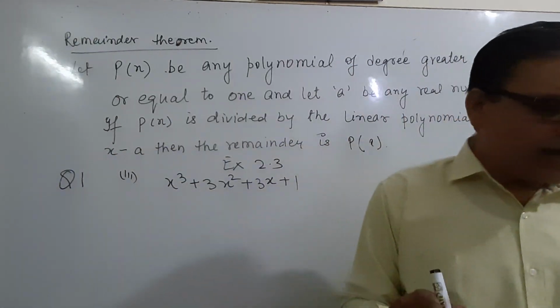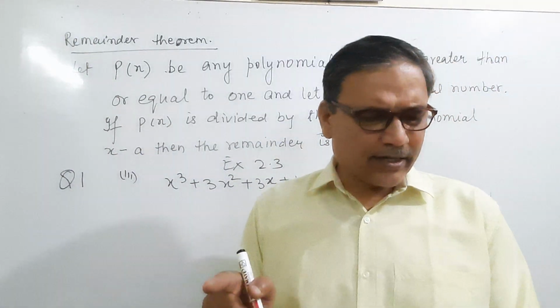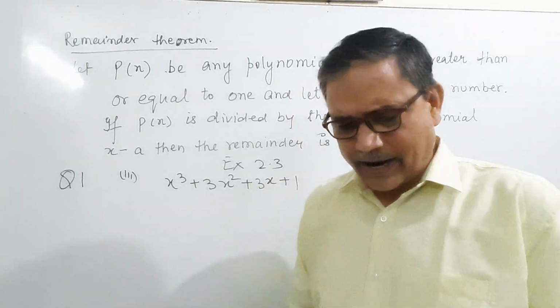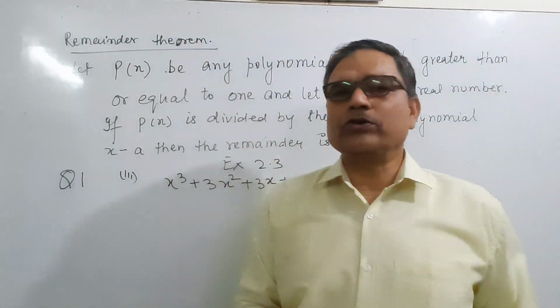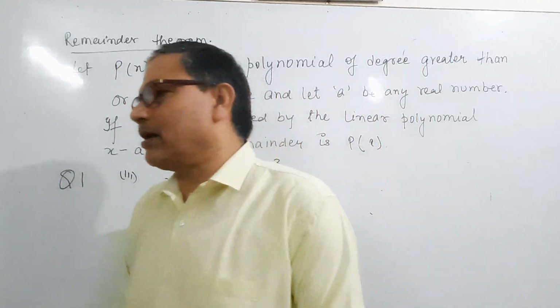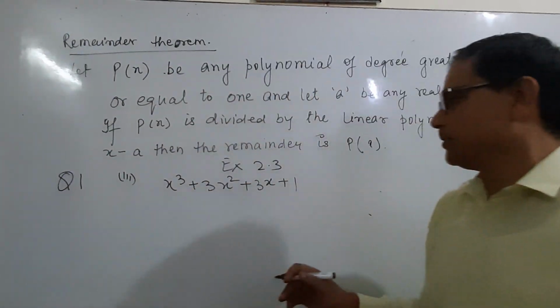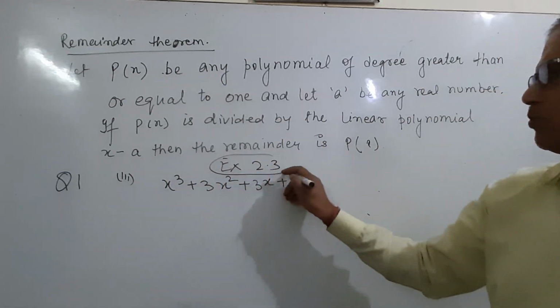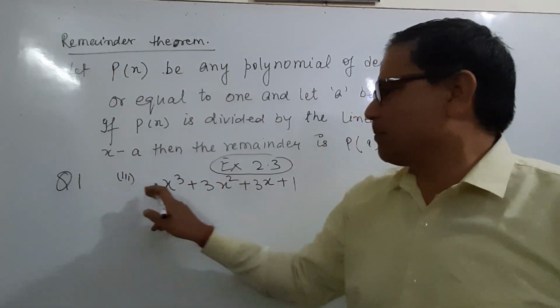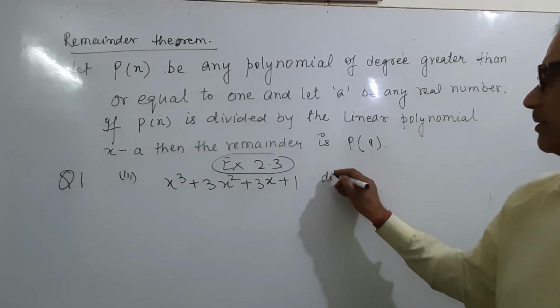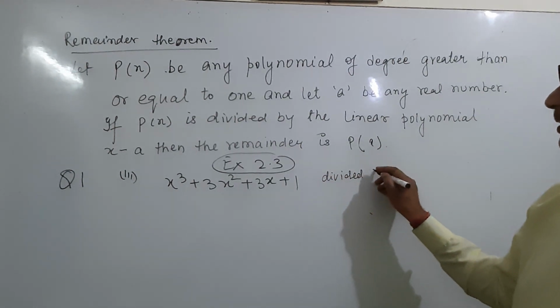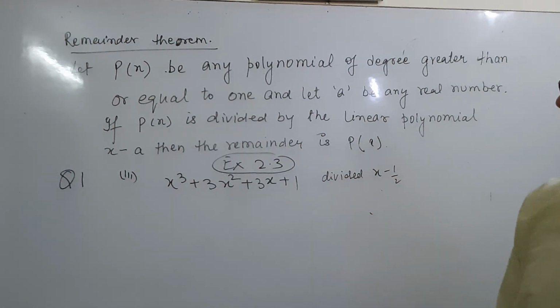Find the remainder when x cube plus 3x square plus 3x plus 1 is divided by x minus 1 by 2. I already told you that you can do it either by the long division method or by the remainder theorem. Find the remainder only.